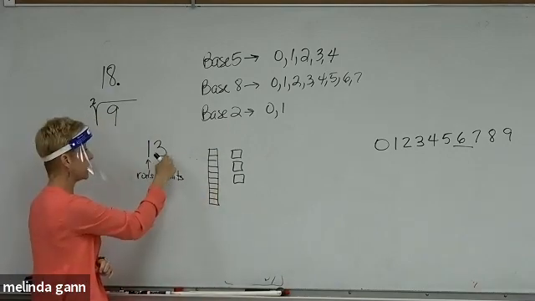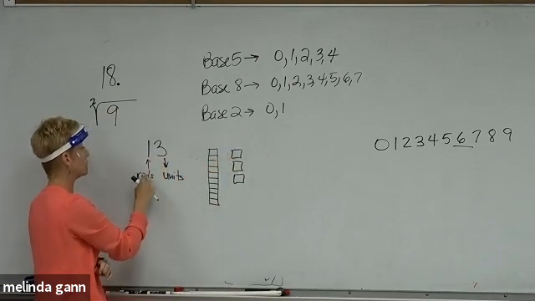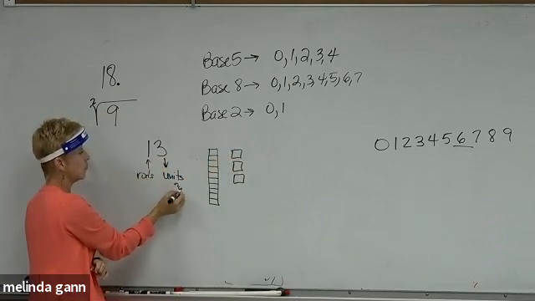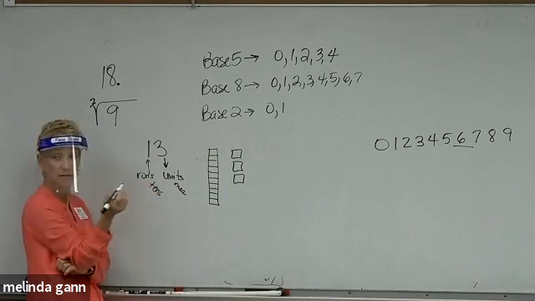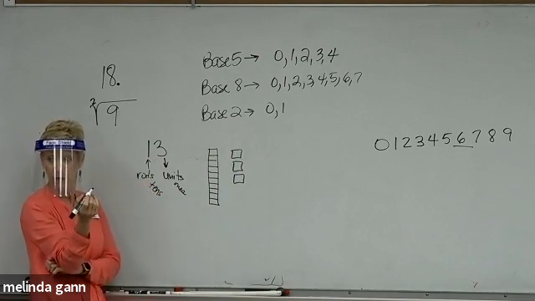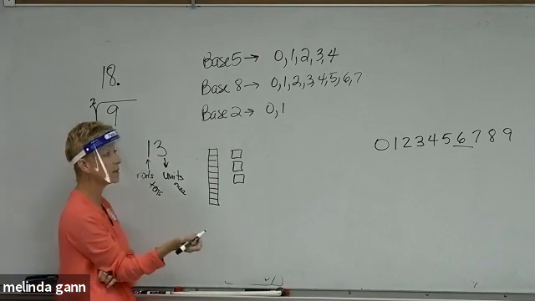So you'd have 3 units and you would have 1 rod. Now your units are your ones. In base 10, do you understand your rods are your tens? Correct?